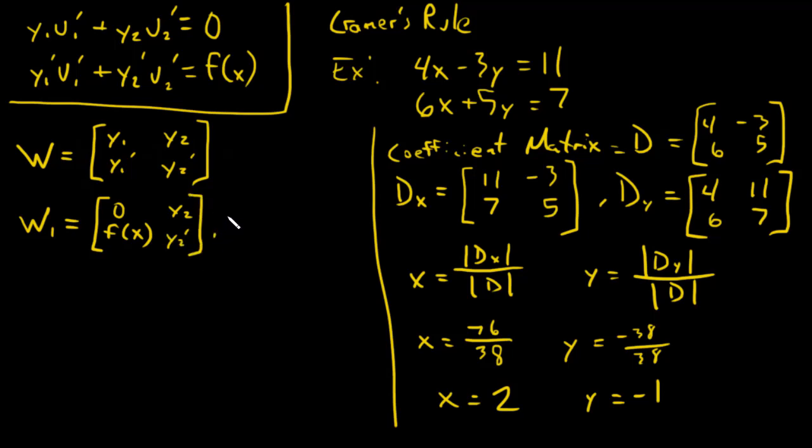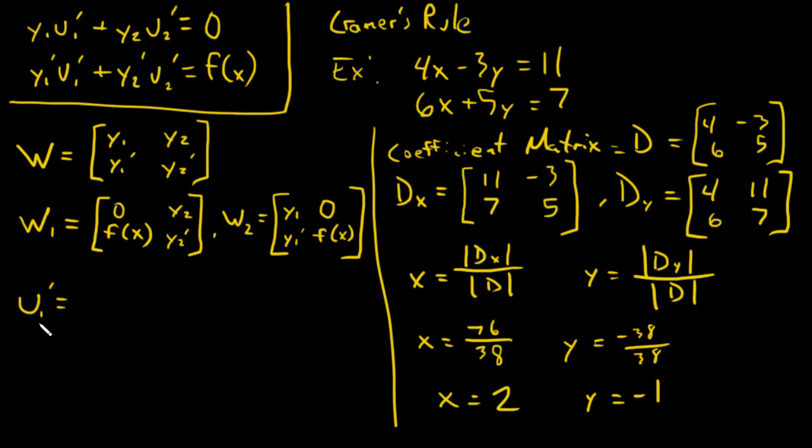Okay, then W2 is going to be eliminating this column, so it's going to be y1, y1 prime, and then 0, f of x. Okay, so now I'm solving for u1 prime and u2 prime, right?